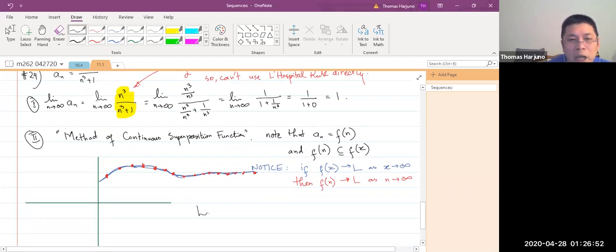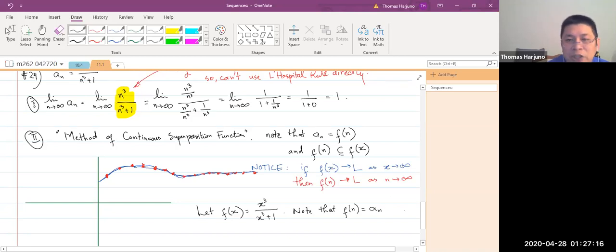We say let f(x) equal x cubed over x cubed plus 1. Note that f(n) equals a sub n.